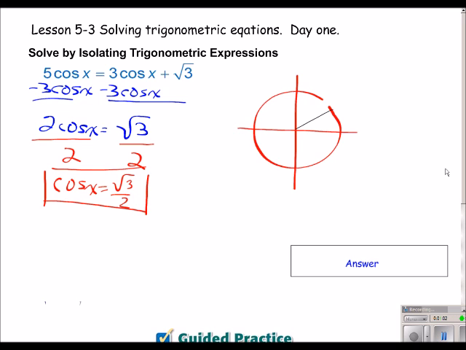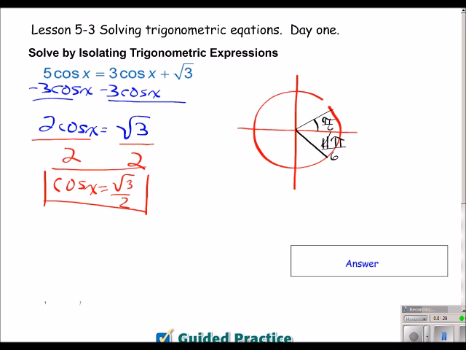So we have in the first quadrant, the angle here, theta, is going to be pi over 6. And in the fourth quadrant, we can think of it as going backwards pi over 6. So from 2 pi, or 12 pi over 6, we're going to back up 1 to 11 pi over 6.